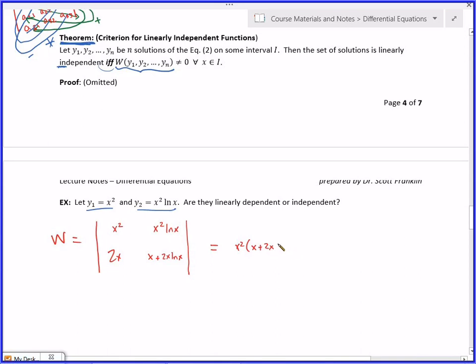Natural log. Minus x squared natural log of x times 2x. There is no ln function, it's ln.